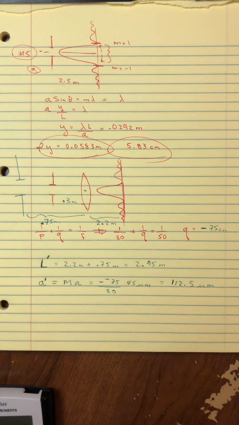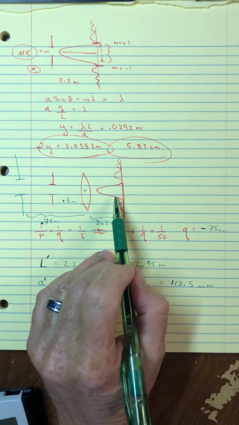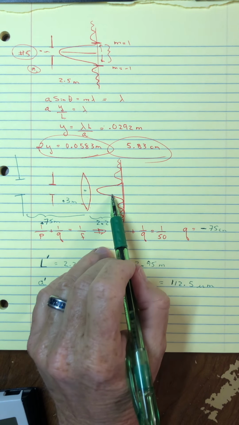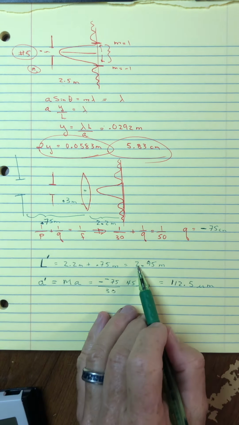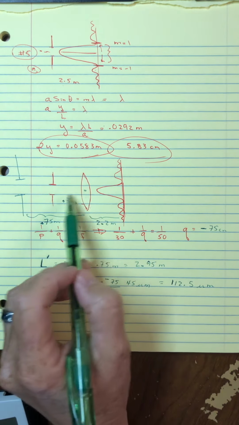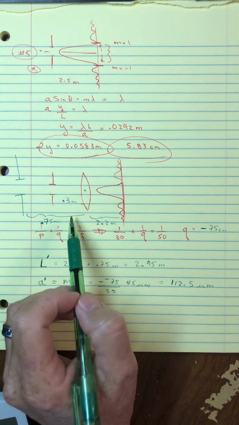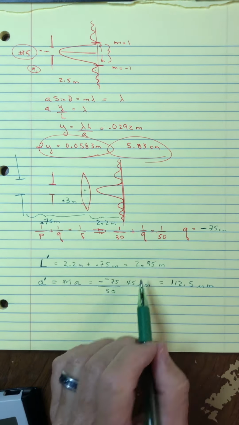micrometers. Okay, so as far as the screen, let me just kind of summarize these. The screen is seeing light coming from a slit that is 2.95 meters away. That's what the lens had done to redirect the original. So it's no longer just the 2.5 meters.